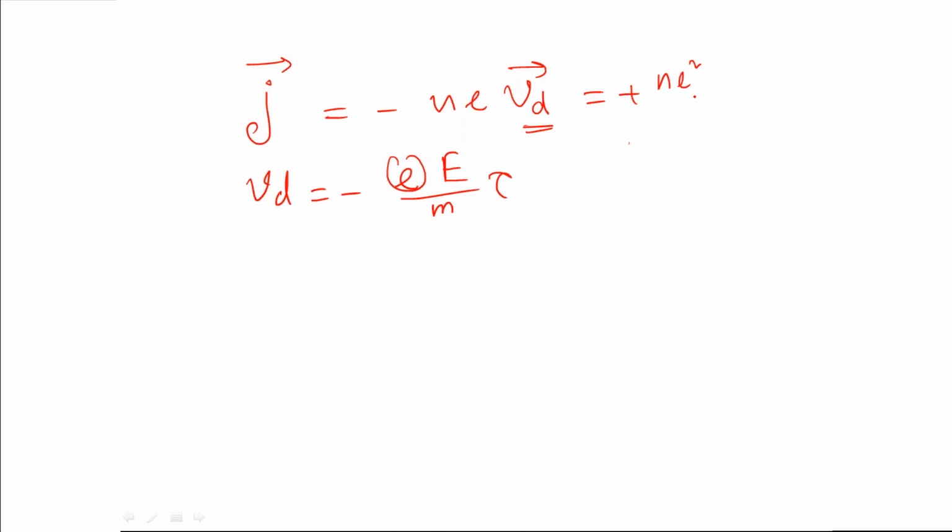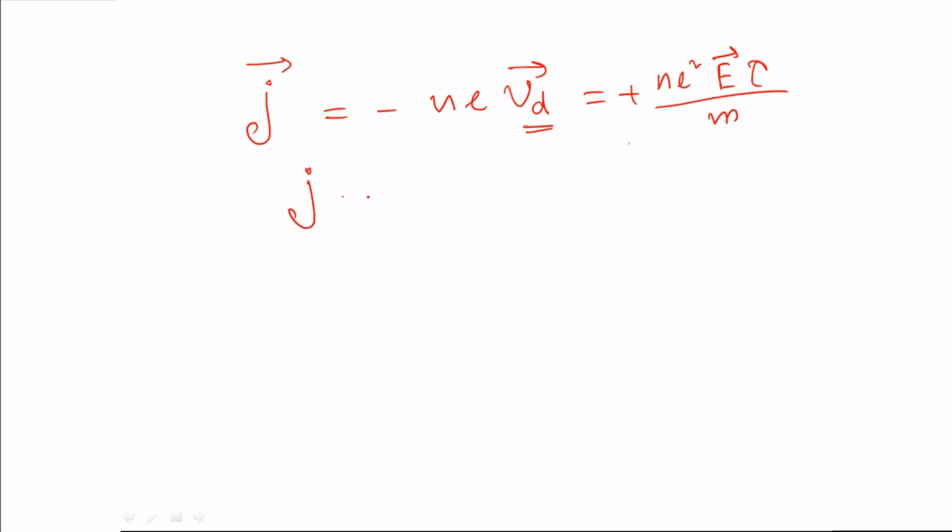J is equal to this, and this is the electric field. For convenience, I'll write in scalar notation: J is equal to n e square tau by m, in brackets, into E.